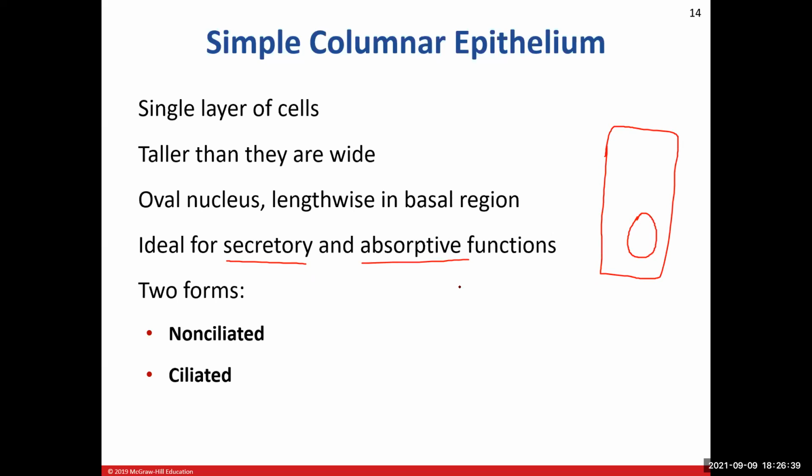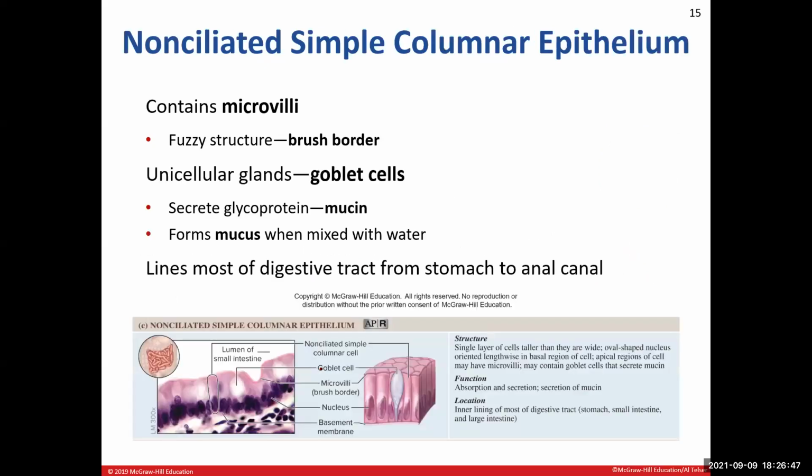There are two forms, non-ciliated, so we already know what that means. If it's non-ciliated, it means it has no cilia. And then there's ciliated. Since the non-ciliated has no cilia, it's going to have microvilli. We know what microvilli are, just these small little projections upward from the apical surface of the cell.